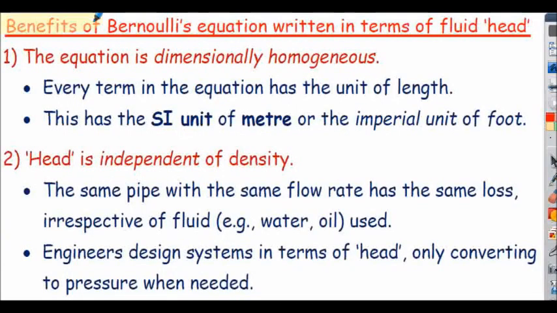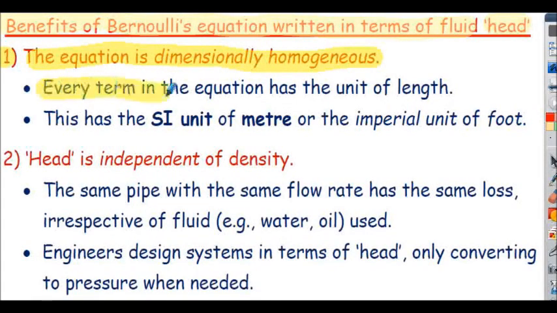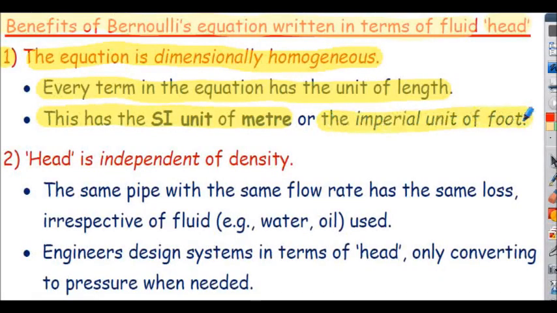And for reference, there are benefits of Bernoulli's equation being written in terms of fluid head. Firstly, the equation is dimensionally homogeneous, so every term in the equation has a unit of length. So this has the SI unit of the meter, or the imperial unit of the foot.